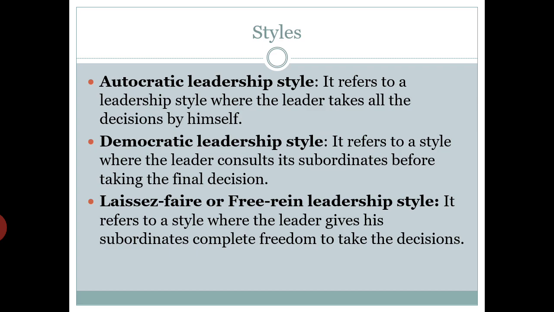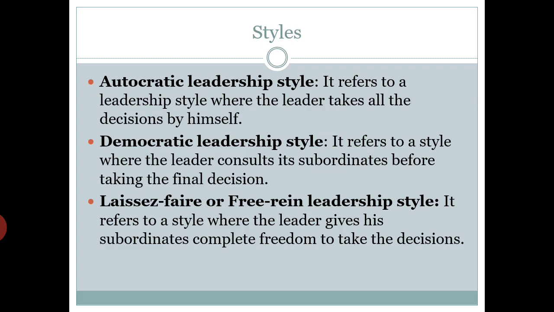Then let's see the styles of leadership. What are the different styles which a leader has or is required to perform? First one is autocratic leadership style. This type of style is not liked by the followers or subordinates. What is this style?